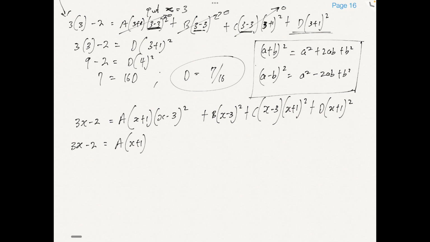Now we open x minus 3 squared, we'll have x squared minus 2ab, that's 2 multiplied by 3 multiplied by x, because we're applying this.